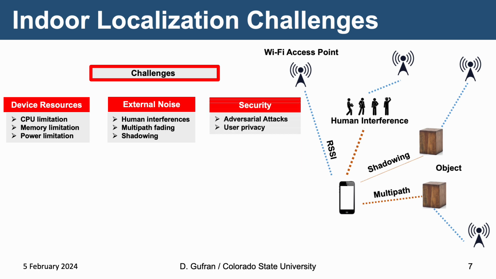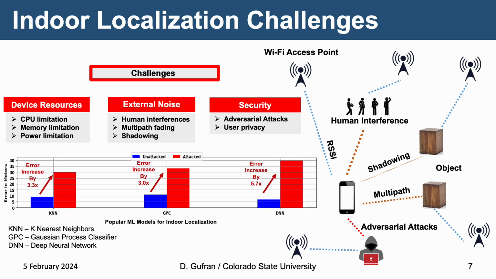One often underestimated challenge faced by indoor systems is security. Adversarial attacks have the potential to deliberately disrupt the Wi-Fi signals, deceiving the underlying machine learning model. The accompanying graph illustrates the impact of adversarial attacks on popular ML models, including k-nearest neighbor, Gaussian process classifier, and deep neural networks, where the x-axis represents the ML models and the y-axis represents the localization errors in meters.